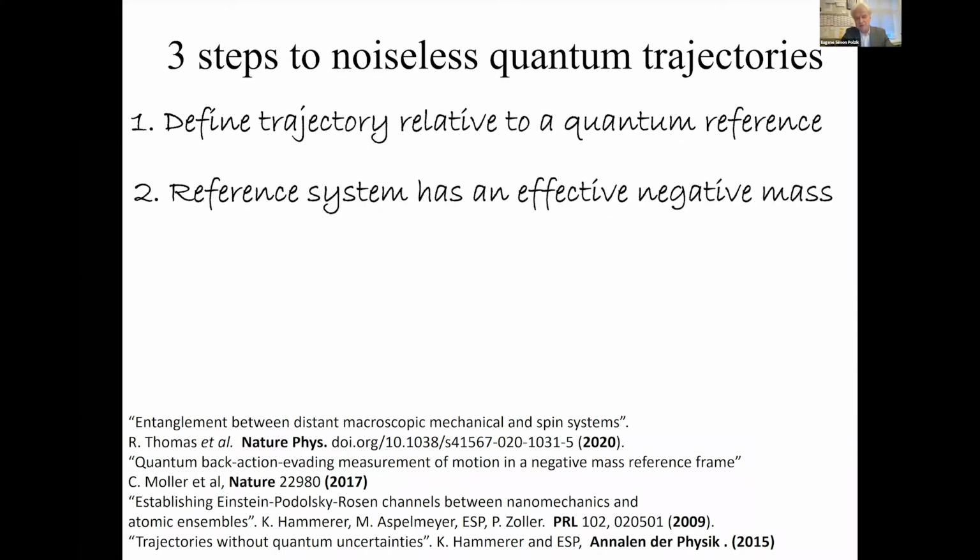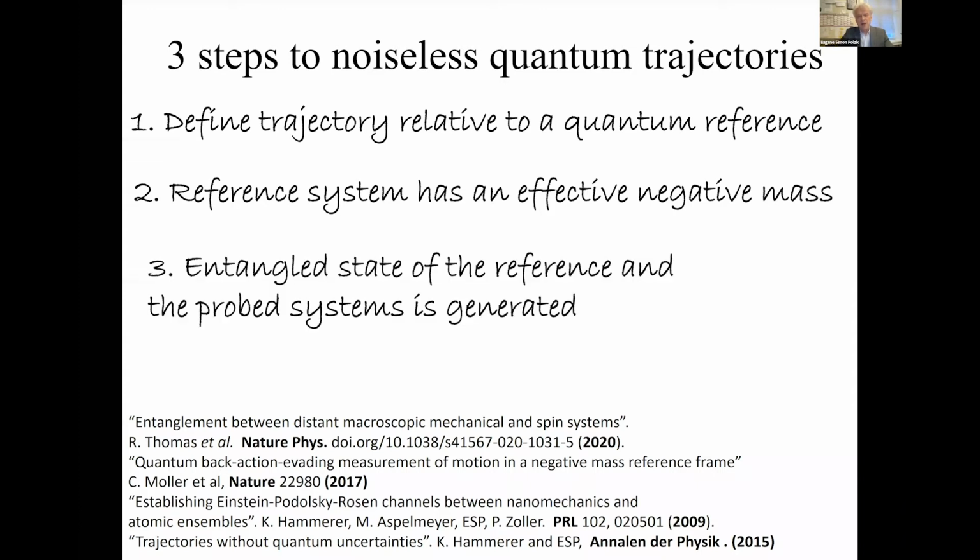This reference system has to have an effective negative mass, and I'll tell you in a minute what it means. And finally, an entangled state of the reference and the probe systems should be generated. So before going any further, let me remind you of one of the examples of an entangled state.